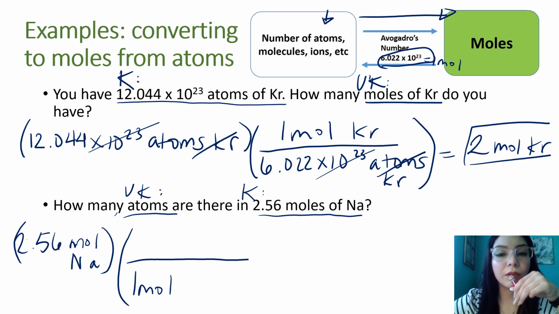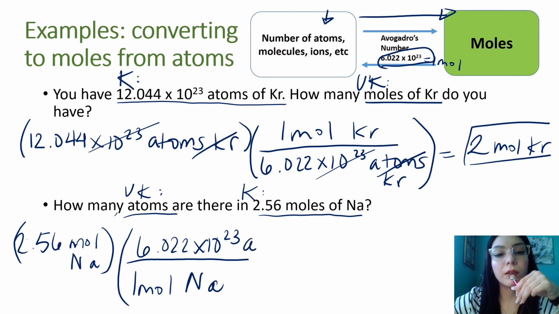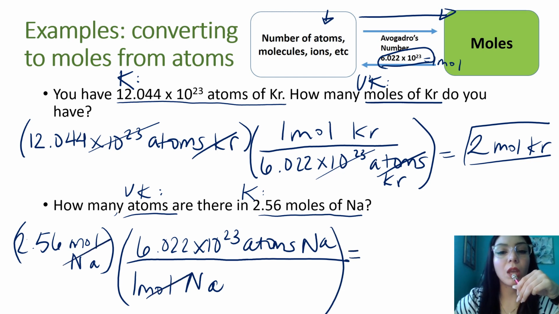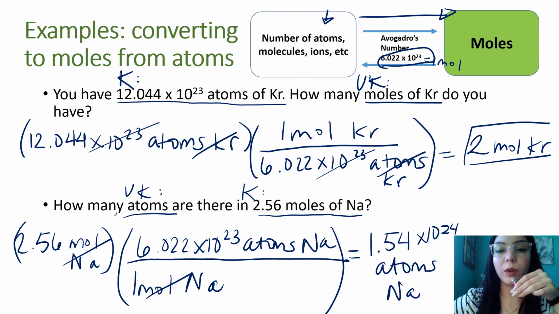So instead of the Avogadro's number going at the bottom, obviously we're starting off with 1 mole. 6.022 times 10 to the 23rd. And then moles cancel out. And then when we calculate this out, we get 1.54 times 10 to the 24th atoms of sodium.